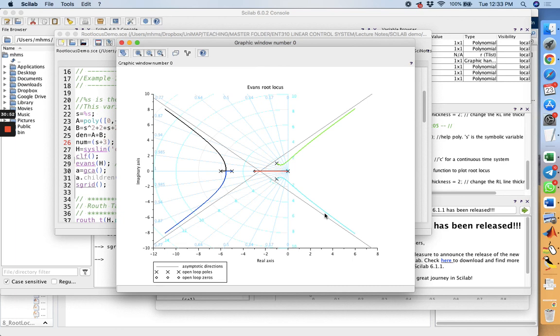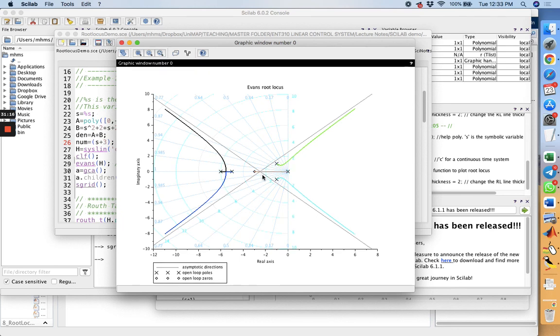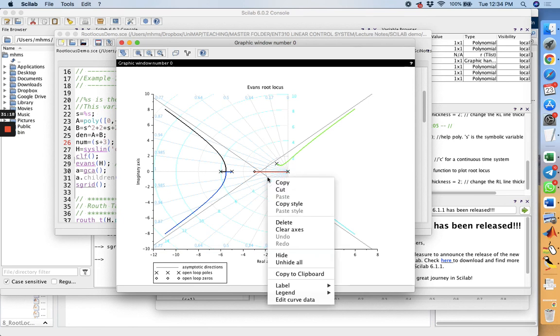And we can find the intersection of these asymptotes, given by the summation of poles minus summation of zeros over n minus m, which in this case I think is about 2 something.